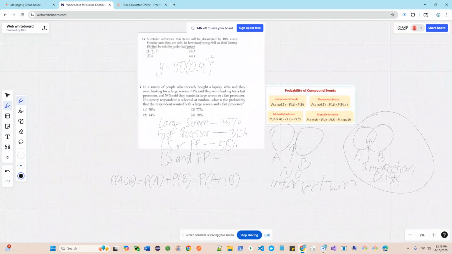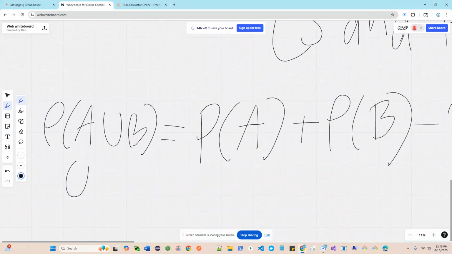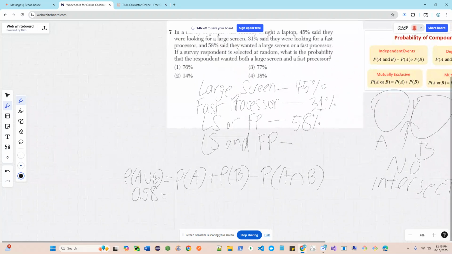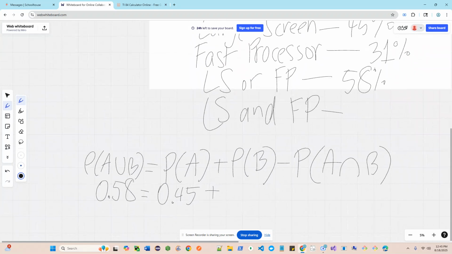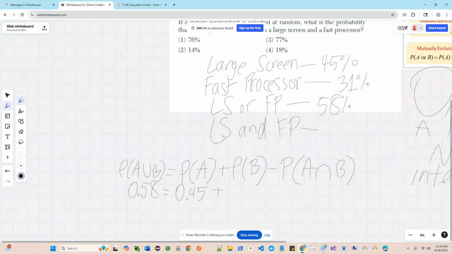We know event large screen or fast processor is 58%. So I'm going to put here 0.58 equals, we know that probability of event large screen is 45%. So I'll put 0.45 plus event fast processor has a probability of 31%.